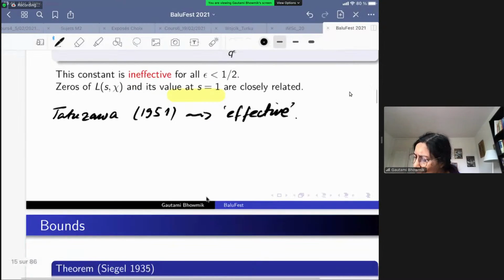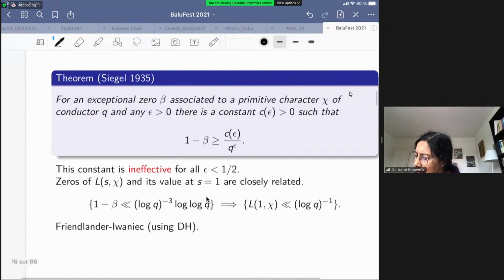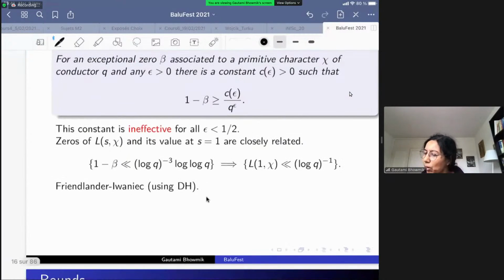So what do we know for these zeros of L(s, chi) and their values at 1? This is known since forever. And what we know is that these are closely related.